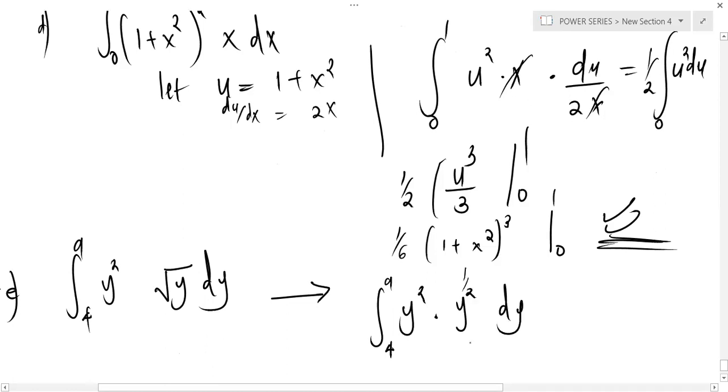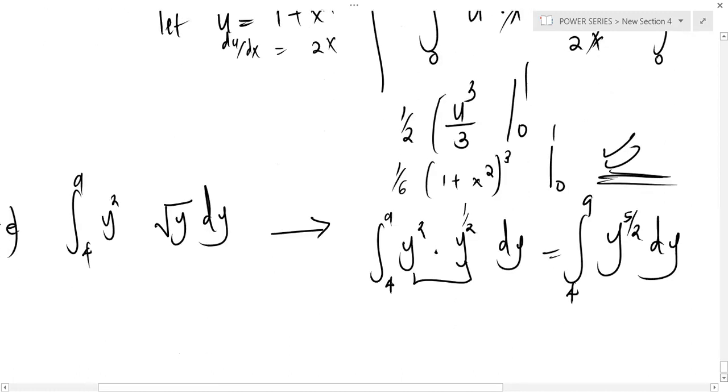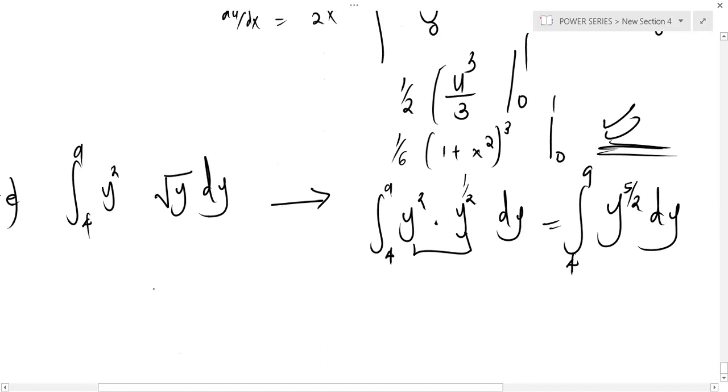Then join this using the laws of indices. So we have y to power 2 times y to power a half. That will give me 2 plus a half, so that will be 5 over 2. So y raised to power 5 over 2 dy. Then now integrate. So y raised to power 5 over 2 will be y raised to power 7 over 2, over 7 over 2. And then the range is from 4 to 9. Then replace the range and get your answer.